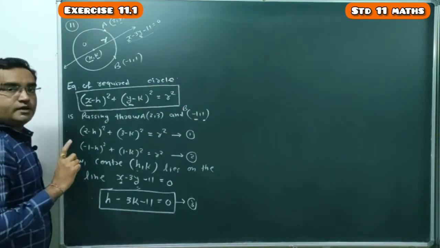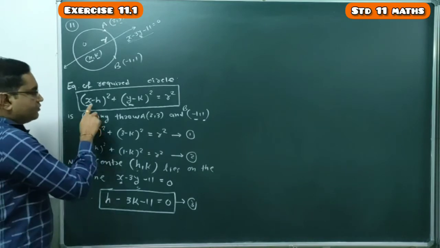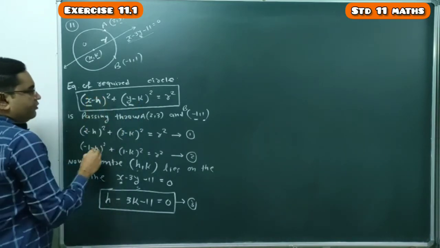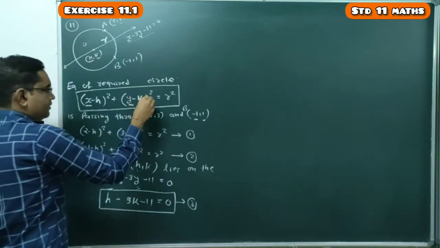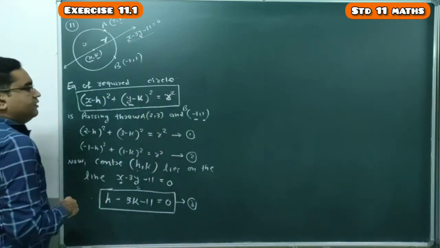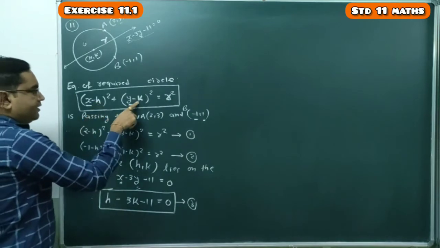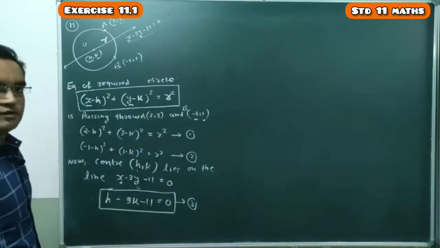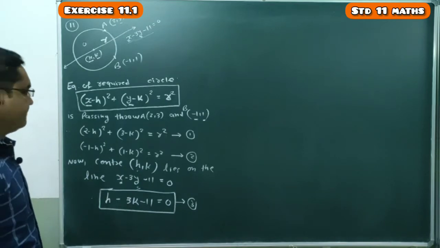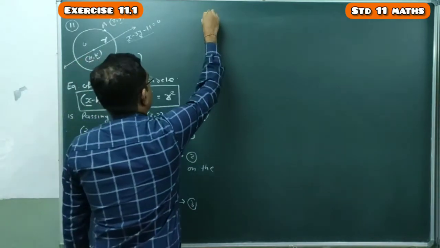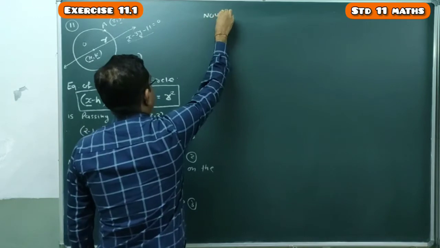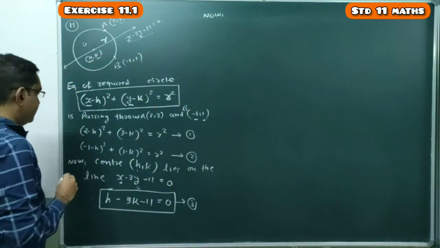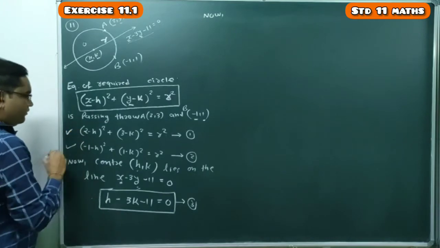Our question is to find the equation of the circle, and in this equation we require the values of h, k and r. We can find them by solving these 3 equations. Clear, students? So now for the solution, first we'll consider these 2 equations, equation 1 and 2.